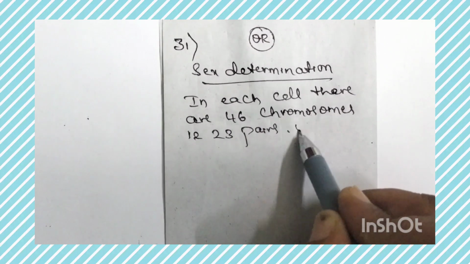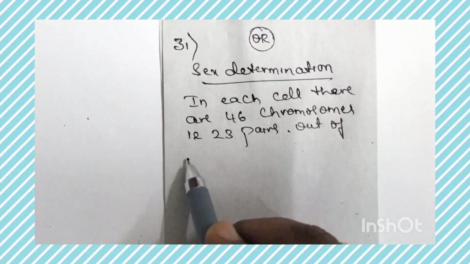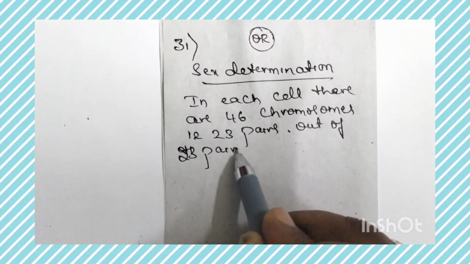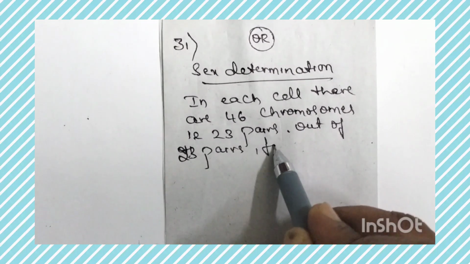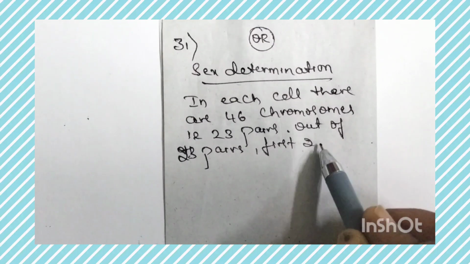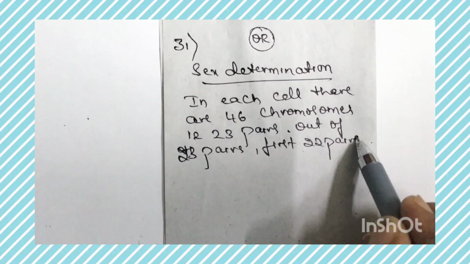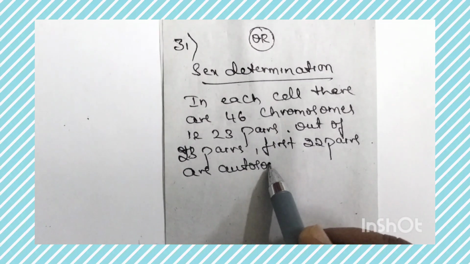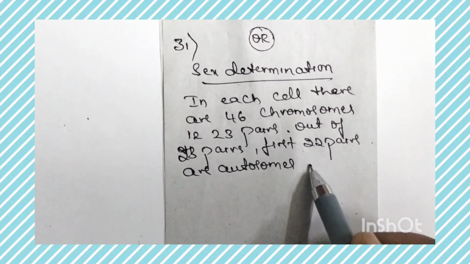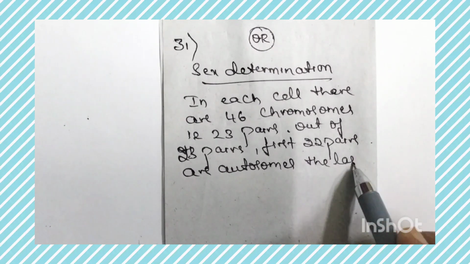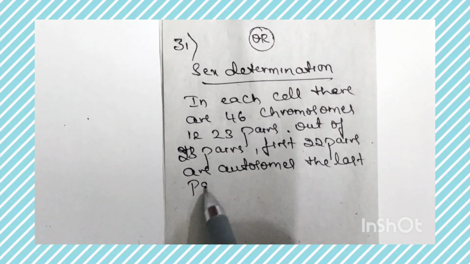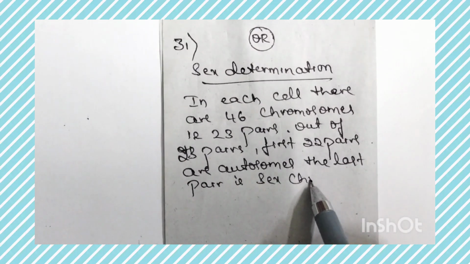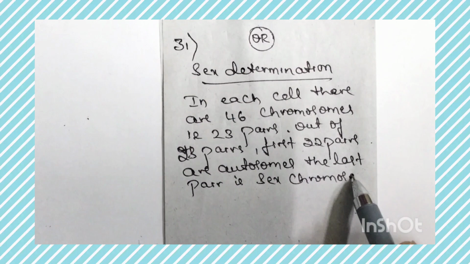Out of 23 pairs, the first 22 pairs are autosomes, which decide all the other characters. The last pair is sex chromosomes.